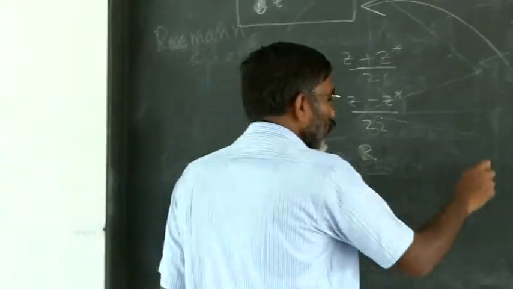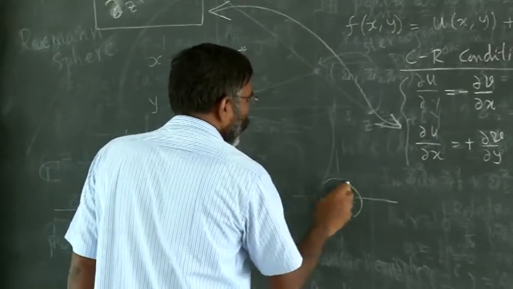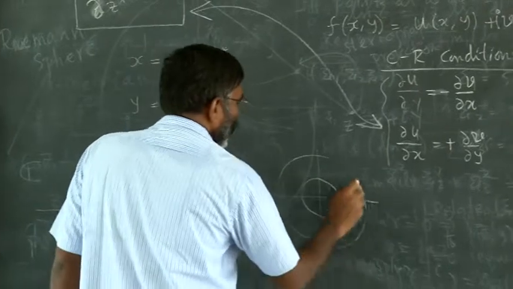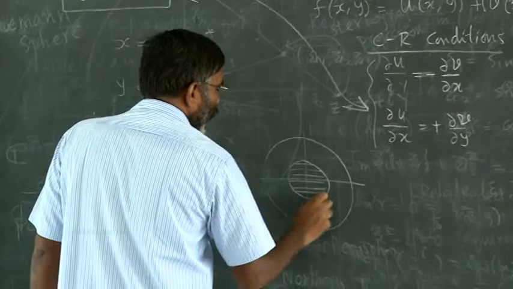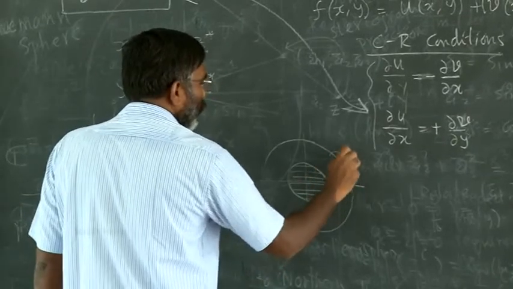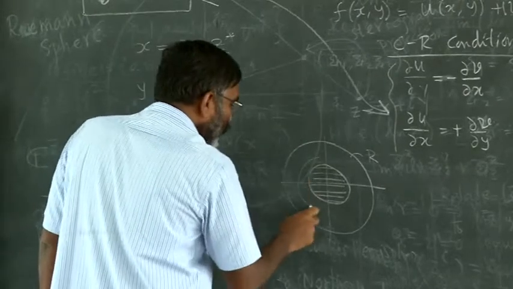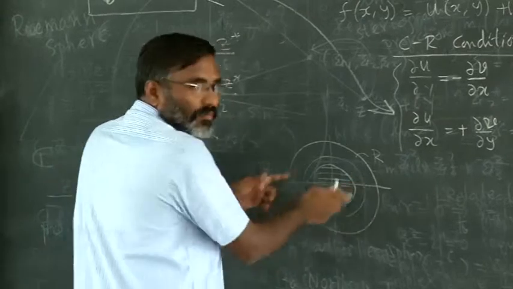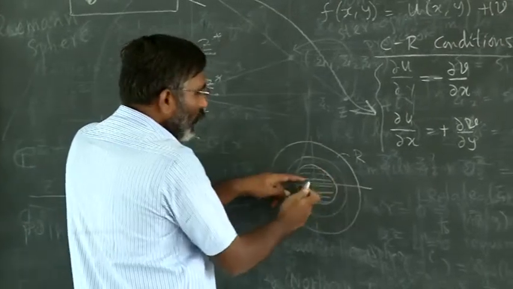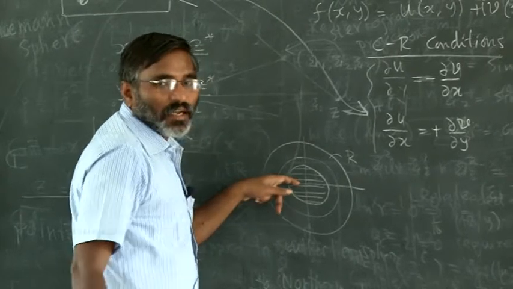For example, I take an annular region, and I have only the annular region as R. Now if I draw a contour like this, it is a closed curve in R, but inside the curve I have some region which is not in R. Such regions are called multiply connected.